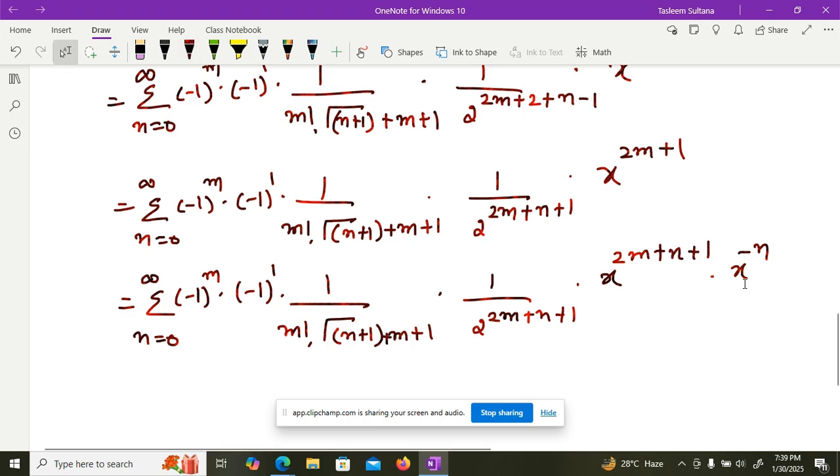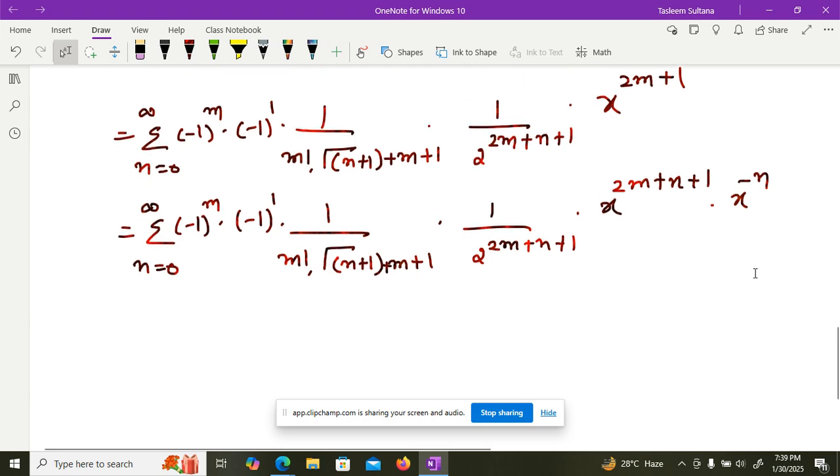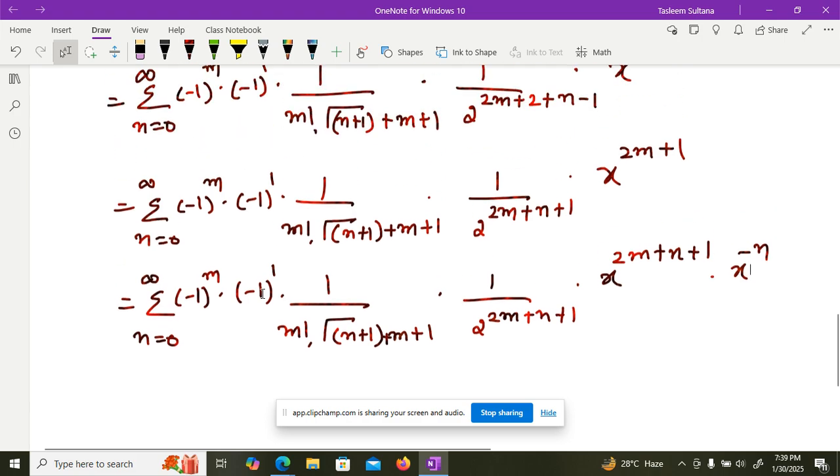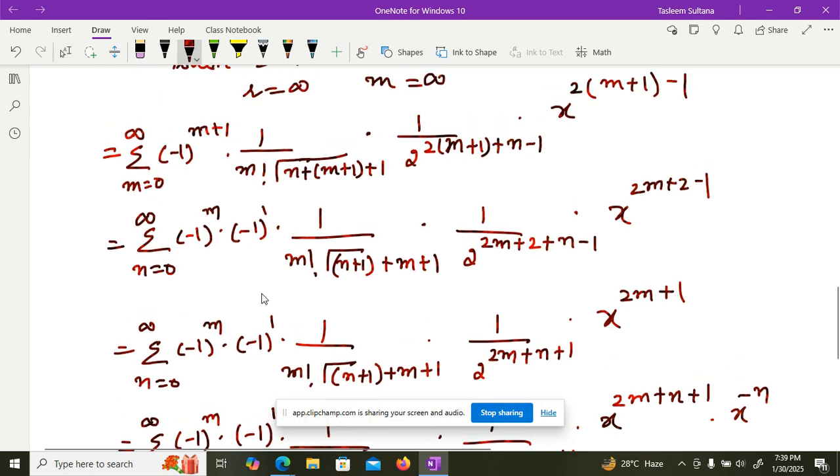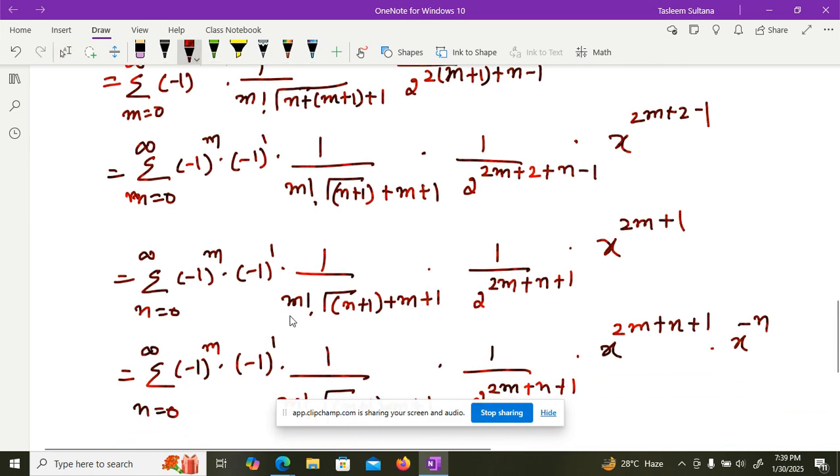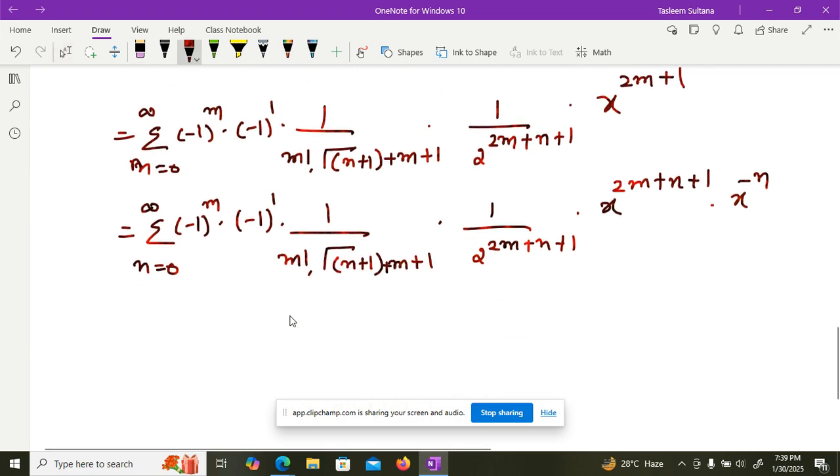Now the remaining, this I will take out of the summation, x to the power of minus n I can write outside the summation, because the summation values are for m values. Here I was writing n, sorry, it's a mistake. It is m. Right. x to the power of minus n, summation m is equals to 0 to infinity minus 1 to the power of m into minus 1.